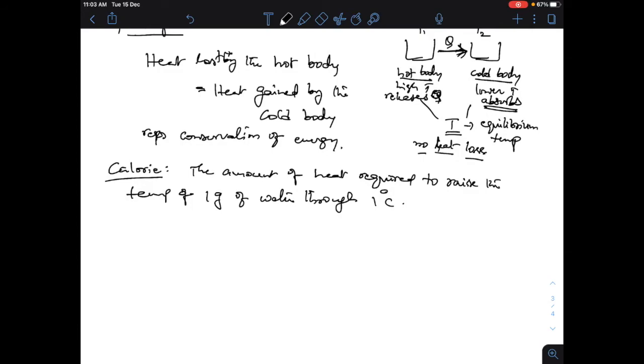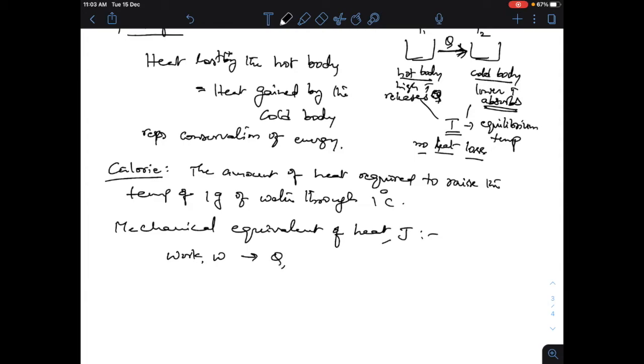Now let us try to understand the mechanical equivalent of heat, J. According to Joule, work W may be converted to heat Q, or vice versa.